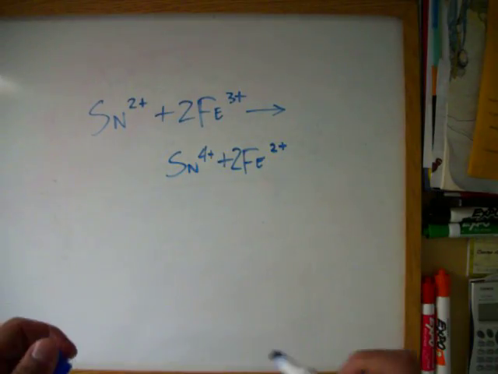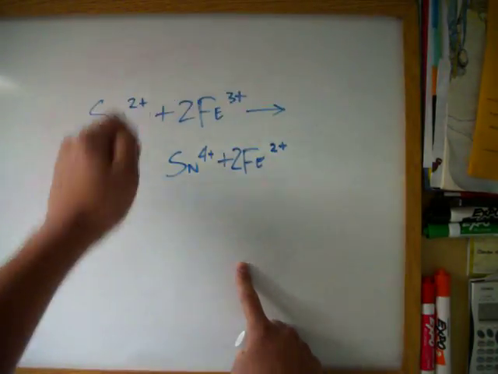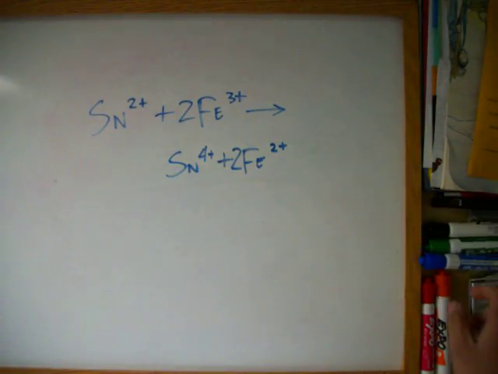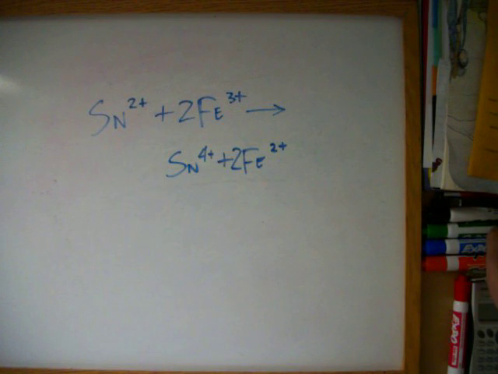There we go. One of these elements, either tin or iron, is getting oxidized and the other one is getting reduced. Let's find out which ones.